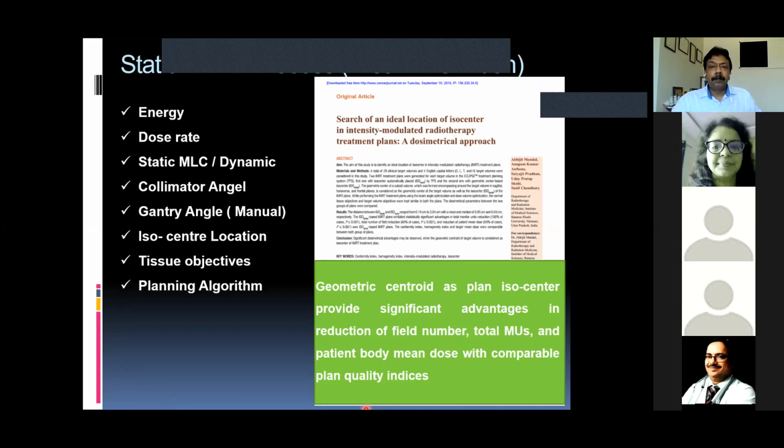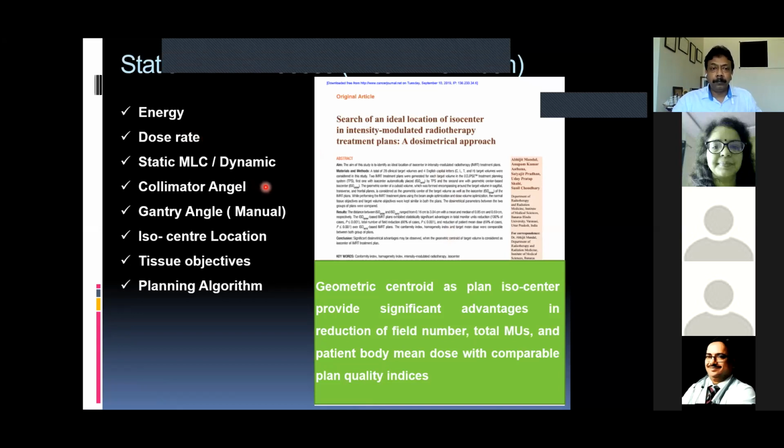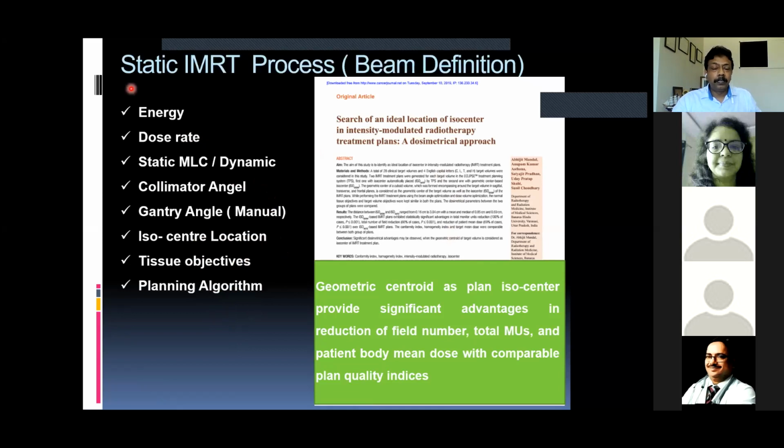In the static IMRT process, the energy, dose rate, static MLC or dynamic MLC, collimator angle, gantry angle, isocenter location, tissue objective, and planning algorithm are the planner-defined parameters which the planner can adjust according to the plan requirements. So if there is a simple change in isocenter location, this is an editable parameter.